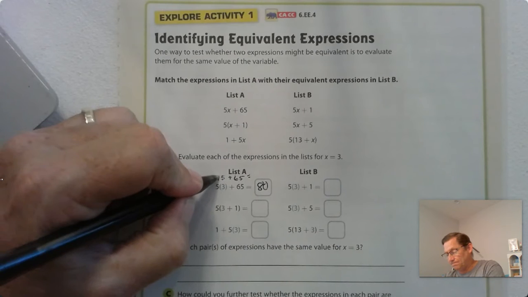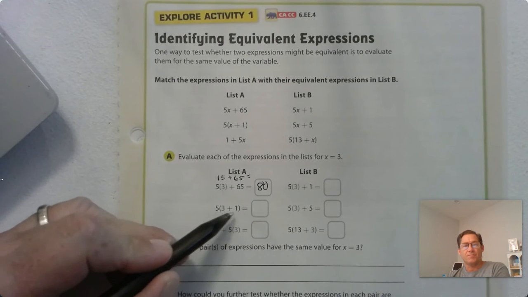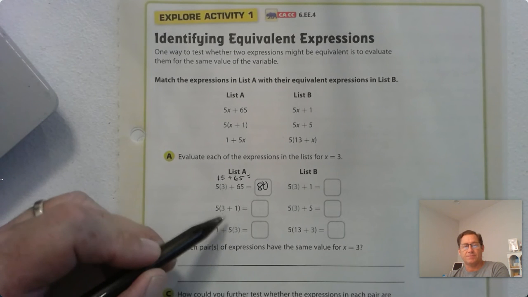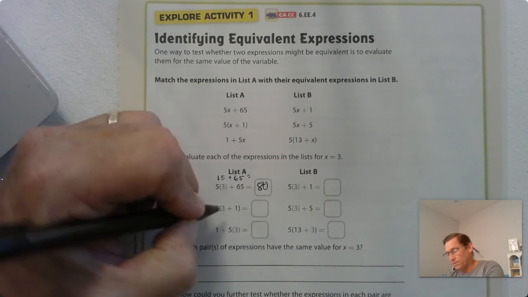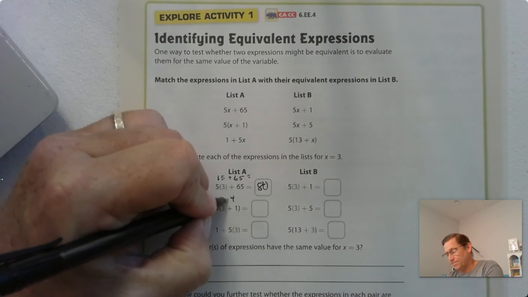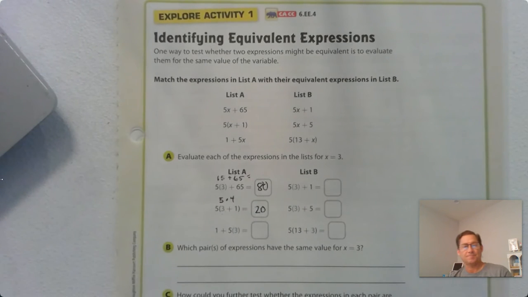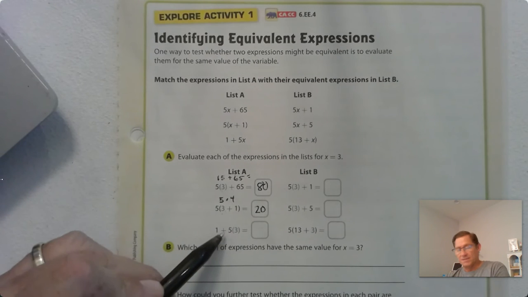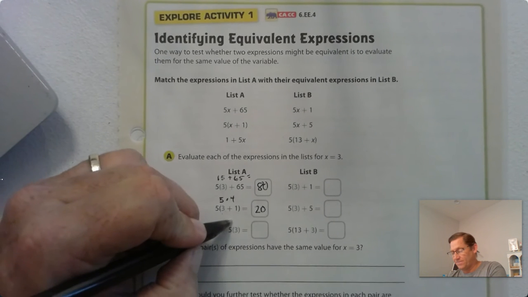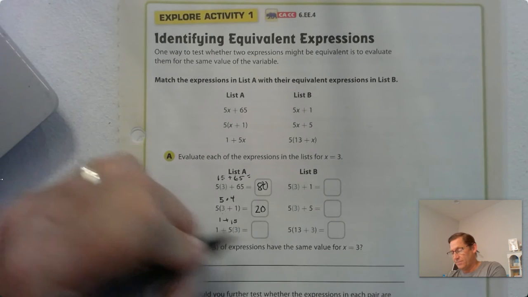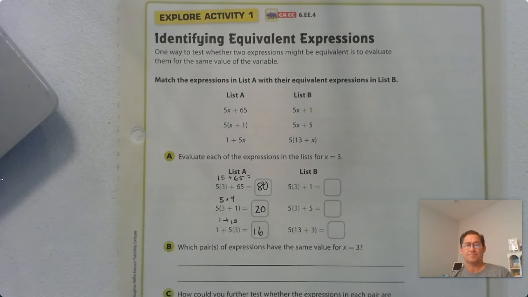In this one, it was x plus 1. We substituted 3 for the x. 3 plus 1, because it's in parentheses first, is 4. So 5 times 4, we get 20. Here it was 1 plus 5x. We substituted 3 for the x, so we're going to multiply first. 5 times 3 is 15, plus 1 more is 16.